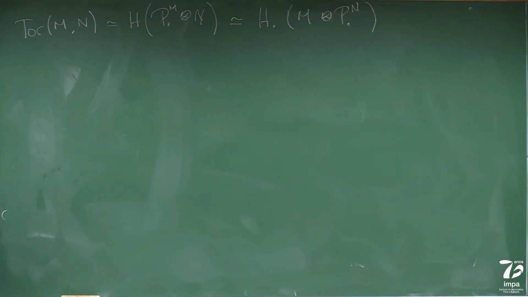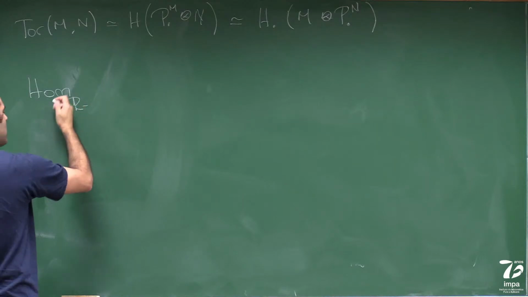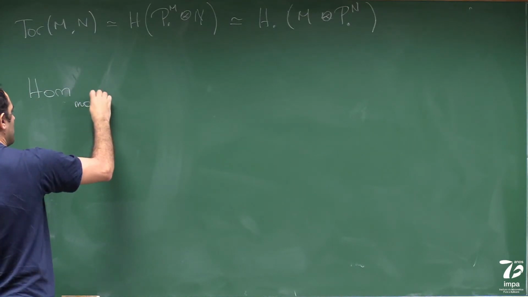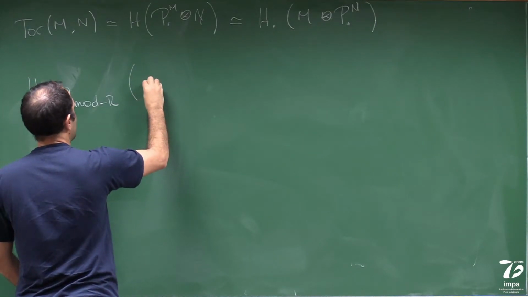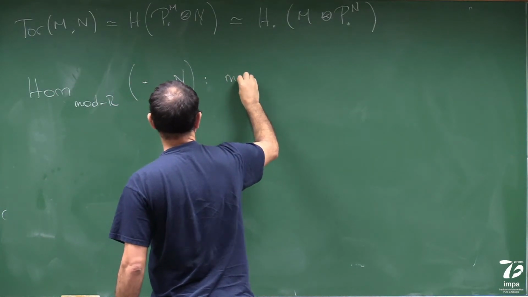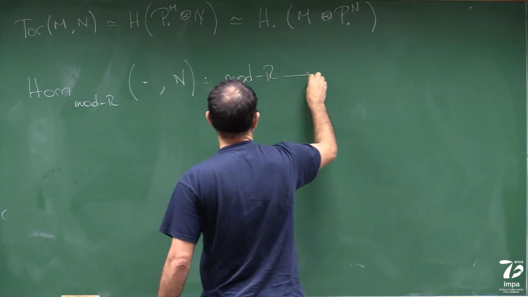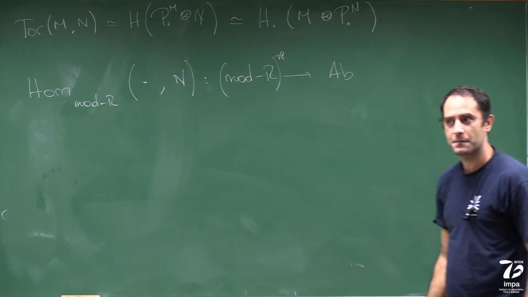Now here something funky happens, and that is that the tensor product is covariant in each one of the arguments. The Hom functor is not covariant in M, it's contravariant in M. So if I wanted to do Hom on the category of R modules, dot N, then this is not a functor from mod R to abelian groups, but rather is a functor from here up to abelian groups.